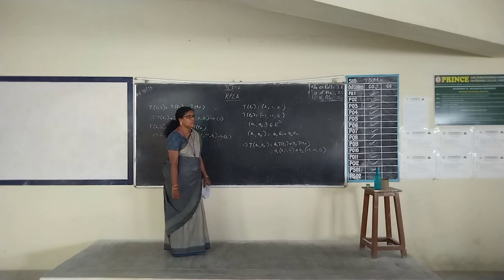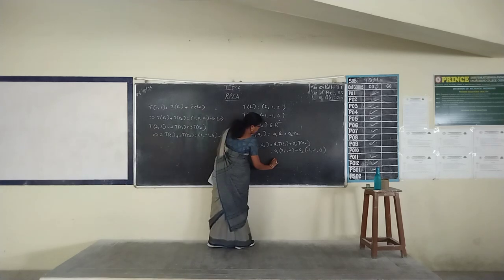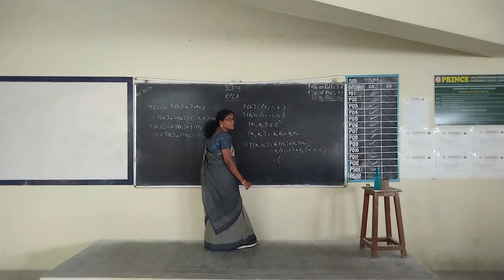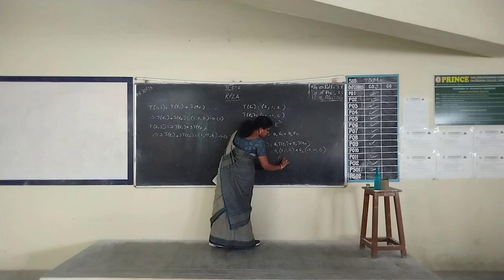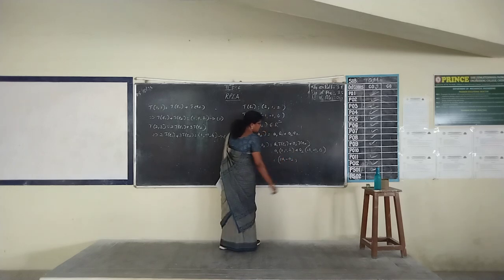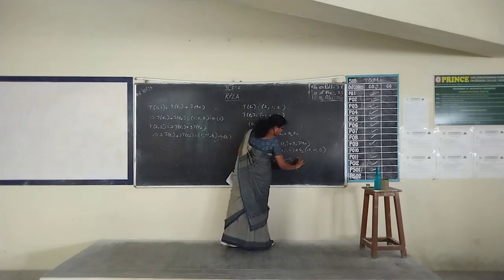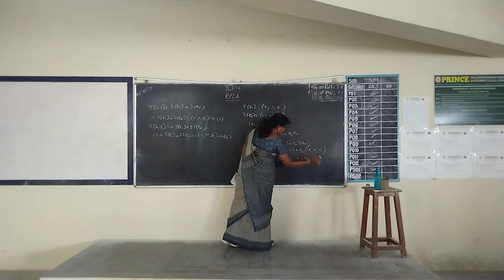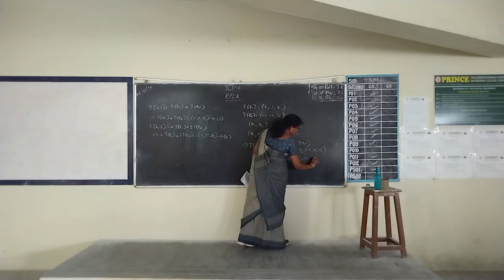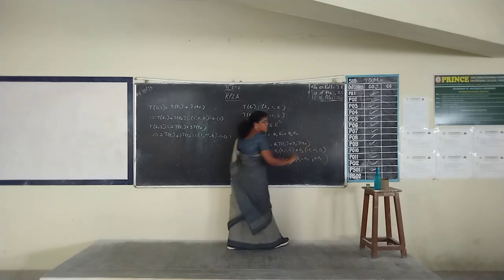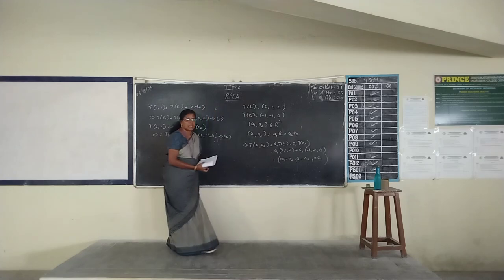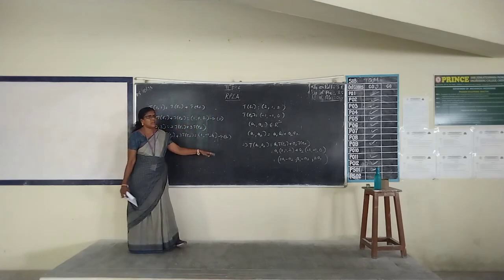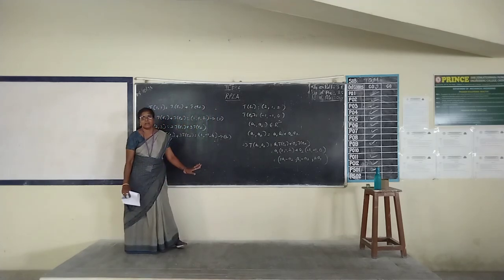Now simplify this: add both the vectors, adding the corresponding components. We get (2a1 - a2, a1 - a2, 2a1 - 0). So this is our linear transformation for our given problem. That's all.